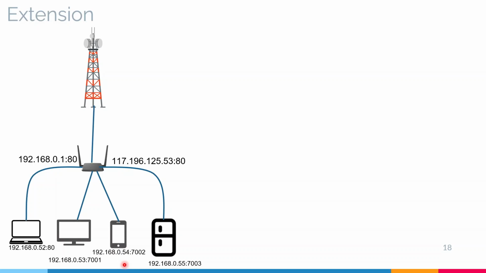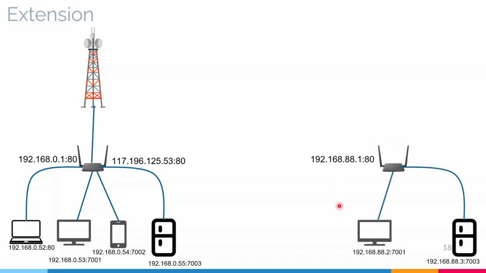And I went ahead and got a house, and now even that house has a smart TV and a smart refrigerator which I want to connect. So in order to connect or control the devices, I created the same network in the hill station house.